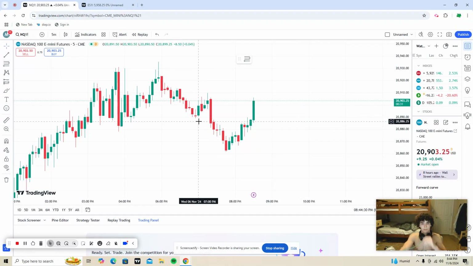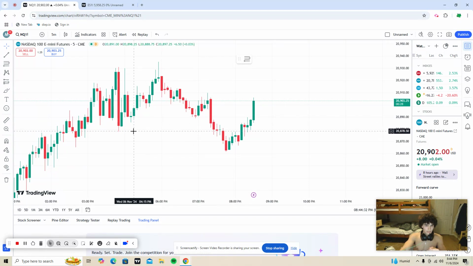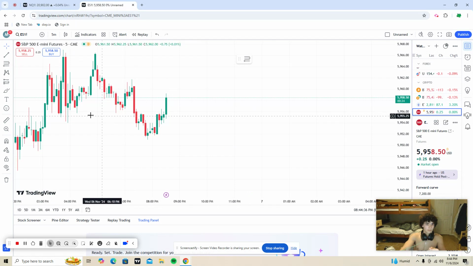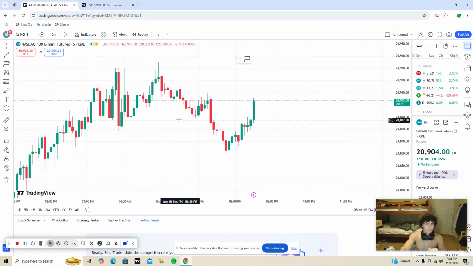Okay, right here. So you can see this low at 415. Let me make sure it's correct. Yeah, so this low at 415, it swept it, and then on this one, it left it.